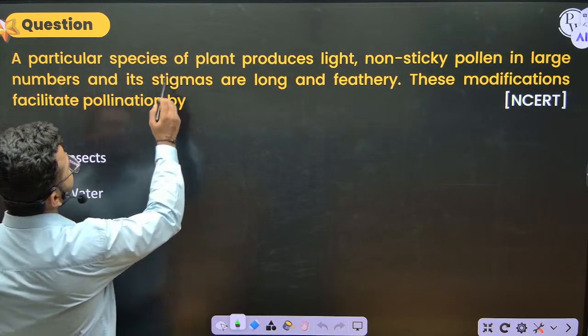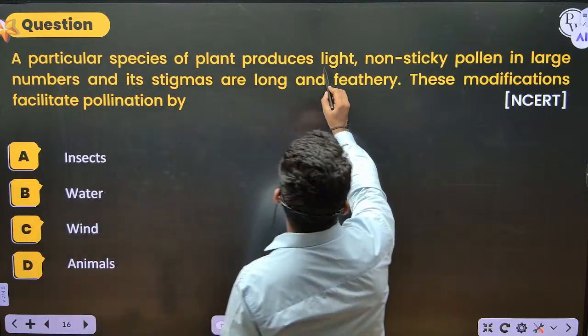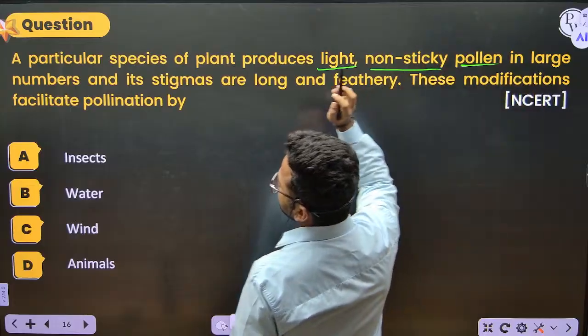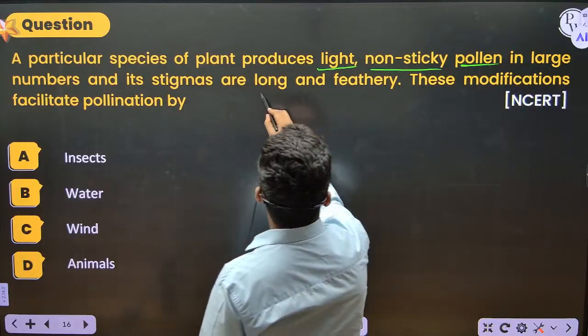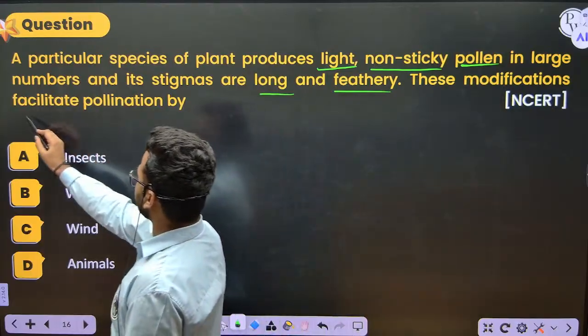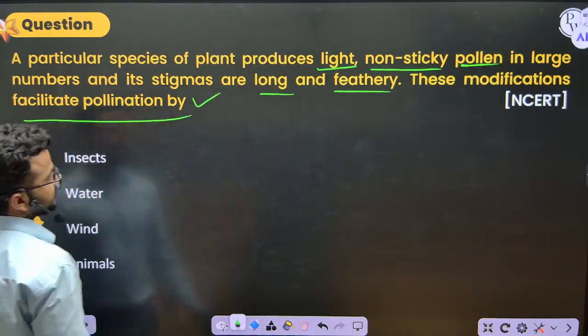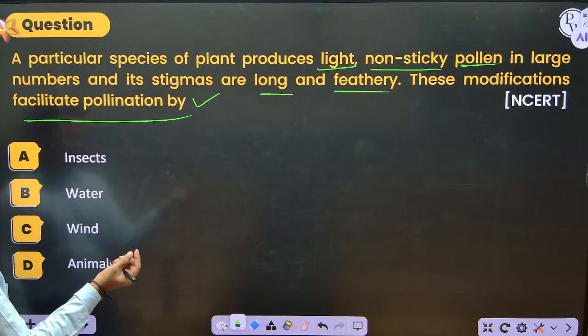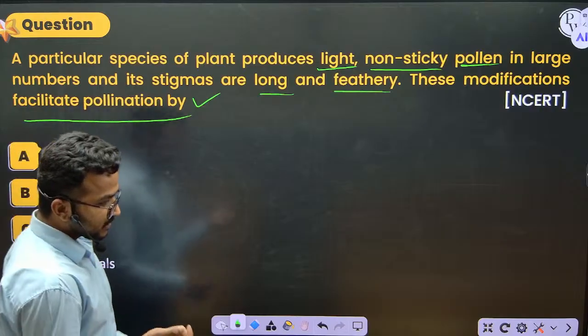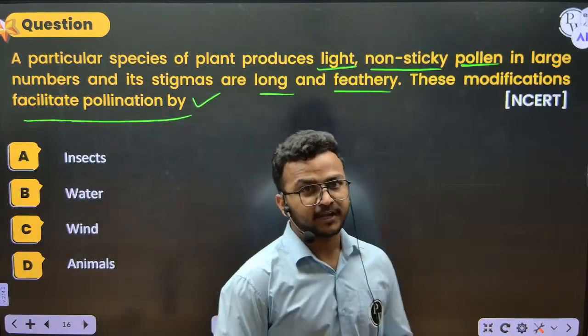A particular species of plant produces light, non-sticky pollen in large numbers, and the stigmas are long and feathery. These modifications facilitate pollination by which agent? Lightweight, non-sticky pollen, if it were sticky, it would be insect pollinated.